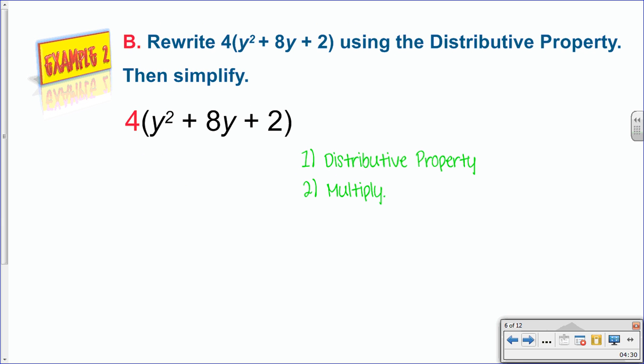Write this one down. Rewrite 4 times (y squared plus 8y plus 2) using distributive property, and then simplify.